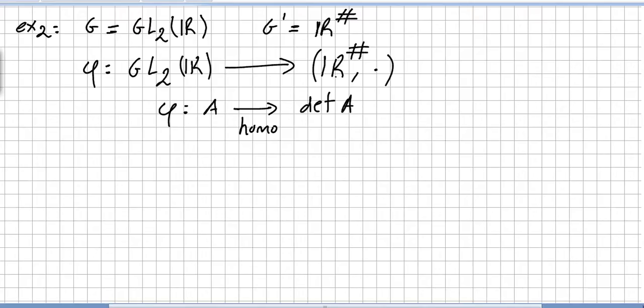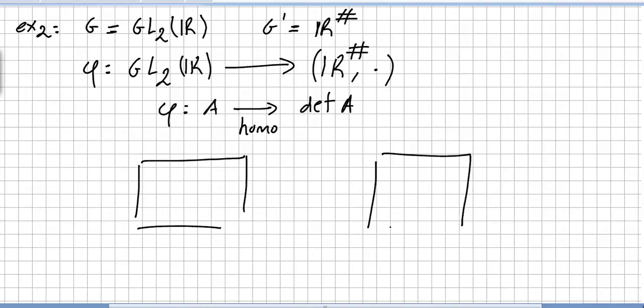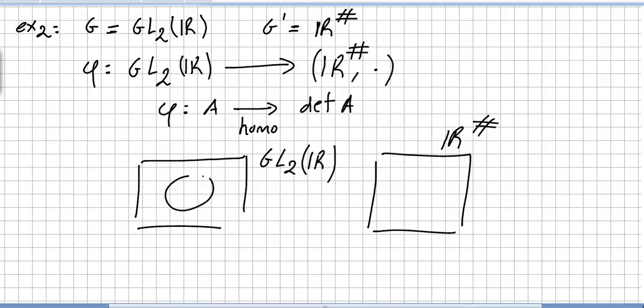So what is the kernel? If we have here the non-zero reals, and here we have the general linear group, the kernel will be the special linear group of dimension 2 and entries in R, and they will all map into the identity of this group, the multiplicative identity, of course, because this is non-zero reals under multiplication.